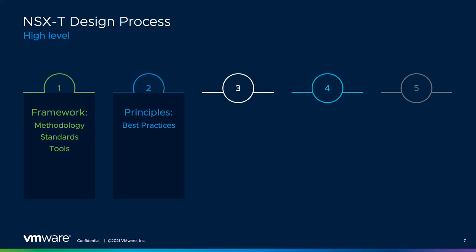Okay. Principles. Principles are best practices and recommendations for the correct assembly of this architecture. That is, again, where principles go back to the framework. Whatever the framework says as the process, the principles have to support that as well. Best practices are often used in the absence of other requirements.